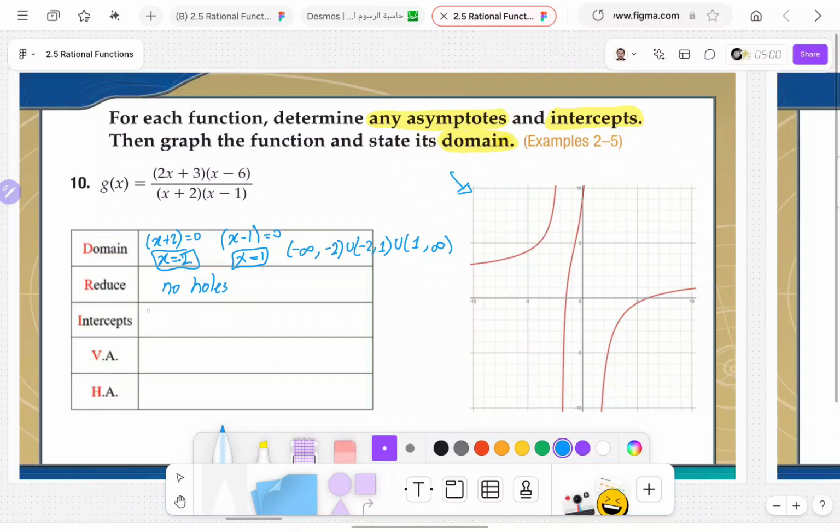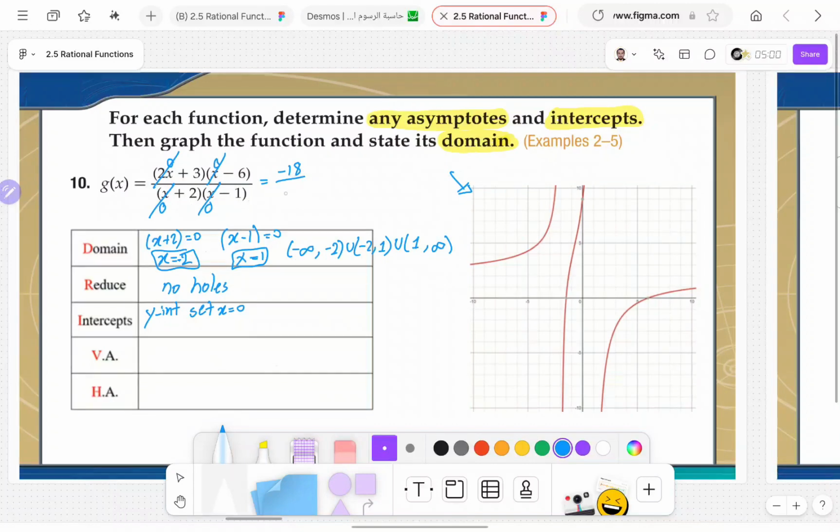Now intercepts. To find the y-intercept, we need to set x equal to 0. So if I set x equal to 0, this one is 0, this one is 0, this one is 0, this one is 0, so this part cancels, this part cancels, this part cancels, this part cancels. So it's remaining 3 multiplied by negative 6. 3 times negative 6 is equal to negative 18.